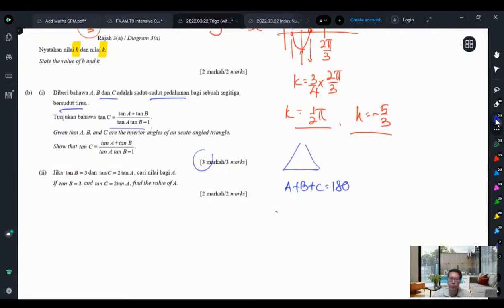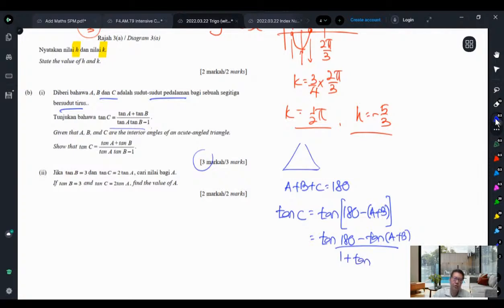So they want you to prove that tangent C equals tangent of 180 minus these 2 angles. So, of course, we can expand this one, 9 steps. Tangent minus tangent over 1 plus tangent.